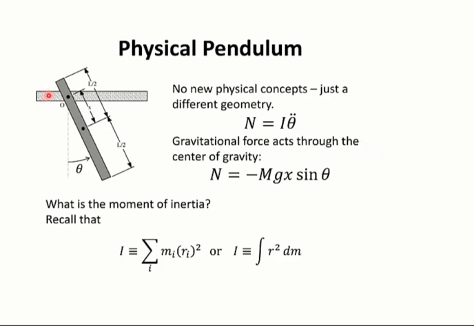Now let's say we have an extended object like this and we have a pivot point here, and if we just turn it like this and leave it, it will do a simple harmonic oscillation, right? So again, I will leave it to you as an example to find out its equation of motion, which again you can see that it should be in terms of the angular quantities because it is the variable here, okay?